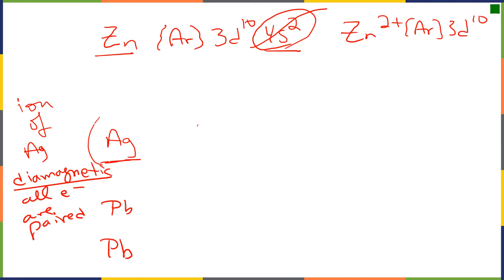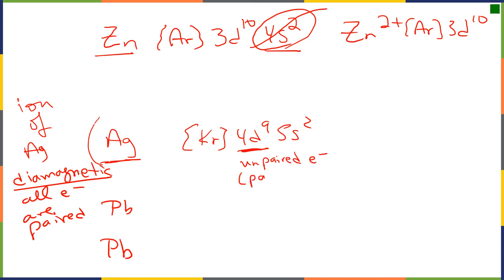Now, silver should be krypton 4d9 5s2. No matter how you slice this, with the d9, this has unpaired electrons. If an element has unpaired electrons, we say that it is paramagnetic. But in this case, the cation of silver is going to be diamagnetic.